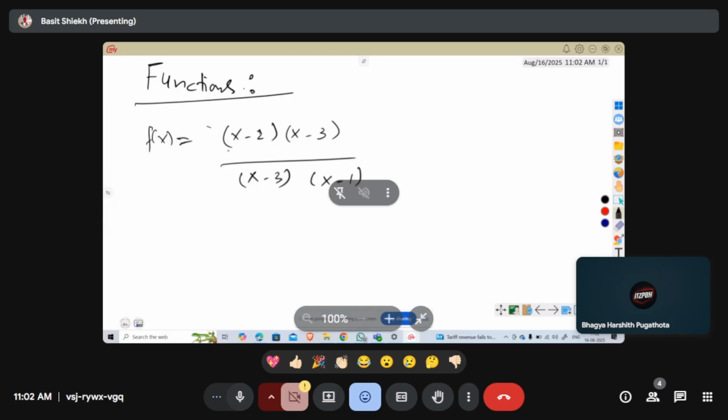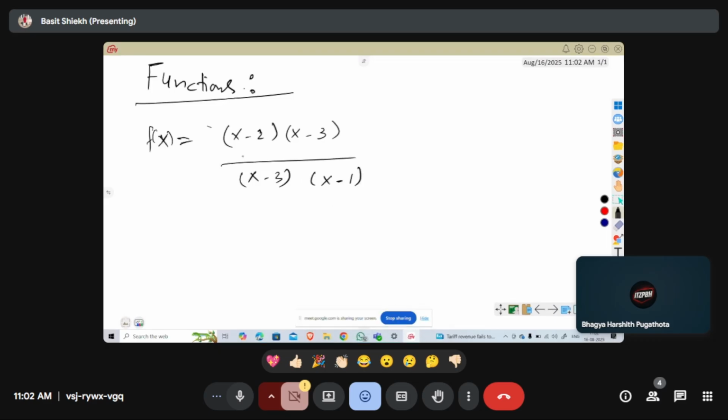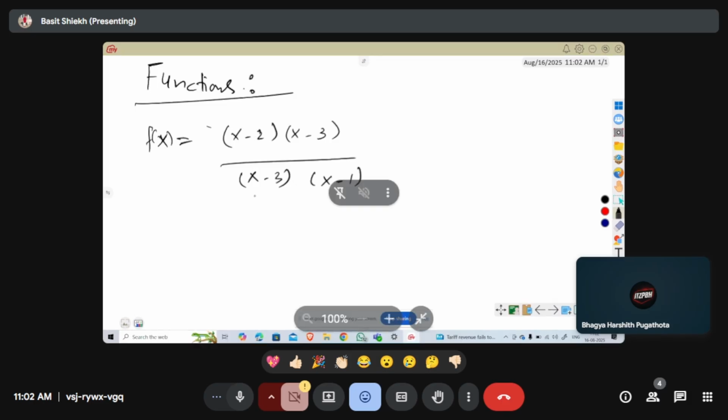Last time we stopped here, where we were finding the domain of the function. This function f of x is not defined at x equal to 3 and x equal to 1.